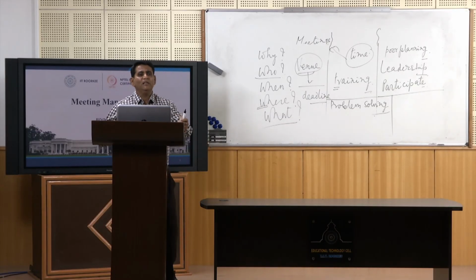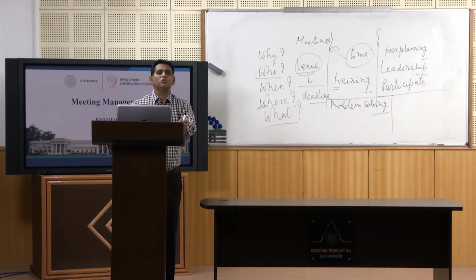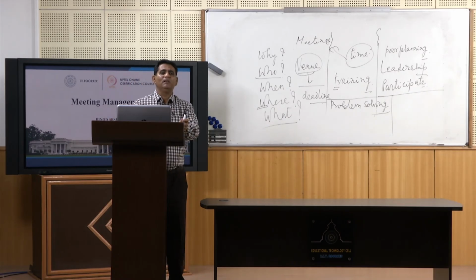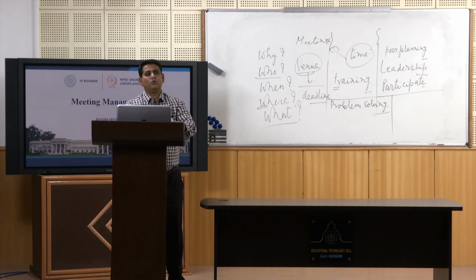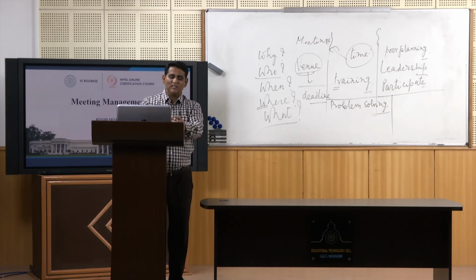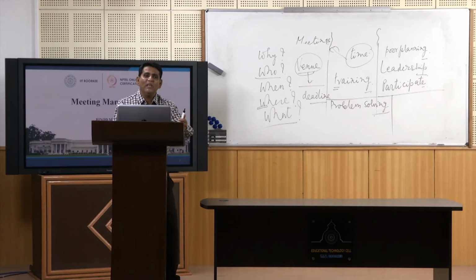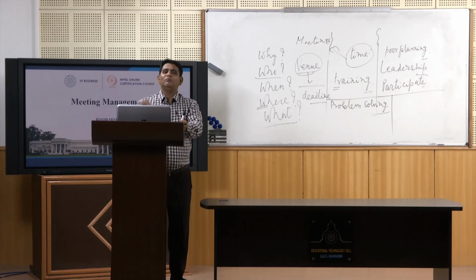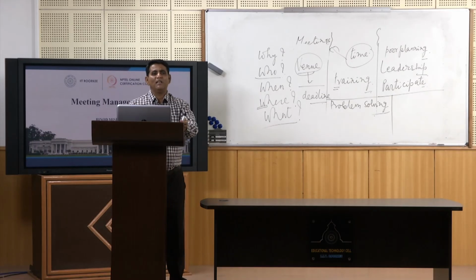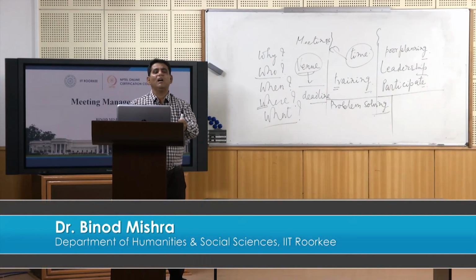And sometimes you come across people who are late for the meeting. It is better not to say anything, because people who are late will themselves realize that they are late. Sometimes leaders also say, we started without you, and these things have been discussed. It is up to the leader how to conduct a meeting.